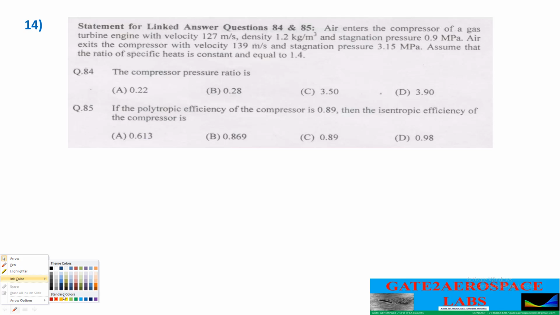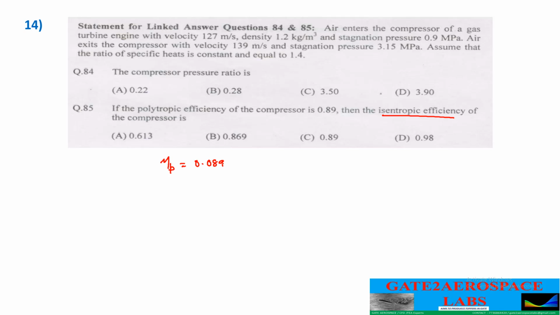Now the next problem, and we have already solved this problem. We have to determine the isentropic efficiency when the polytropic efficiency of the compressor is given as 0.89. First of all, we will see the cycle. This is the TS diagram. This is the delivery pressure and this is the entry pressure. This process 1 to 2 dash is isentropic, and this is the actual process to 2.